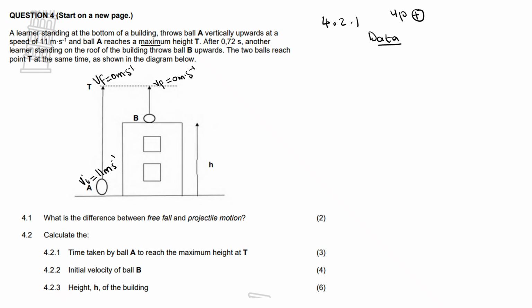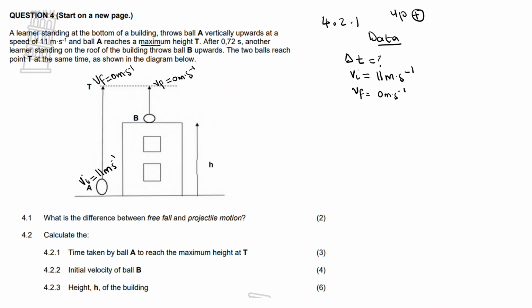They say the time taken by ball A to reach maximum height, so we need delta T, question mark. What do we know so far about ball A? We know that the V initial is given as 11. We set up as positive, so this will be positive 11 meters per second. And my V final is 0 meters per second.